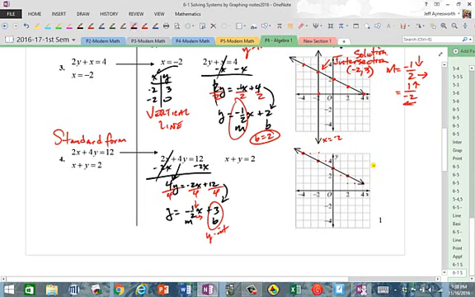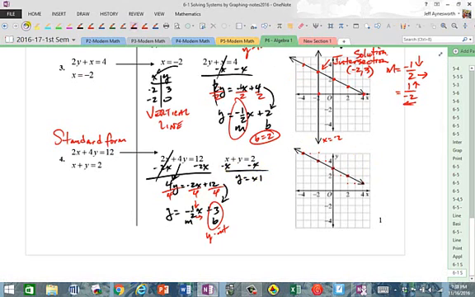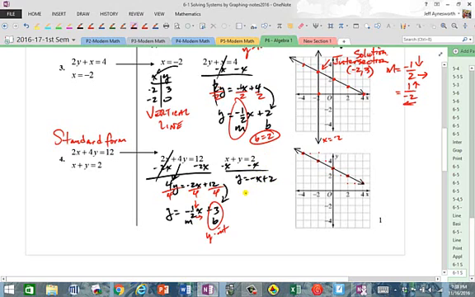Let's graph the other one. Let's solve for y as well. We get y equals negative x plus 2. 2 minus x is the same thing as negative x plus 2. So my slope here is negative 1, and there's your y-intercept, b is 2.